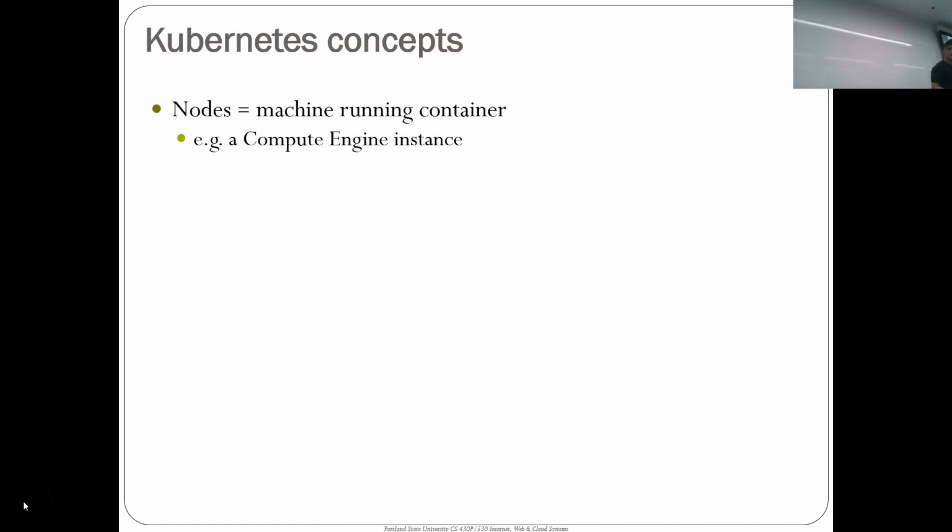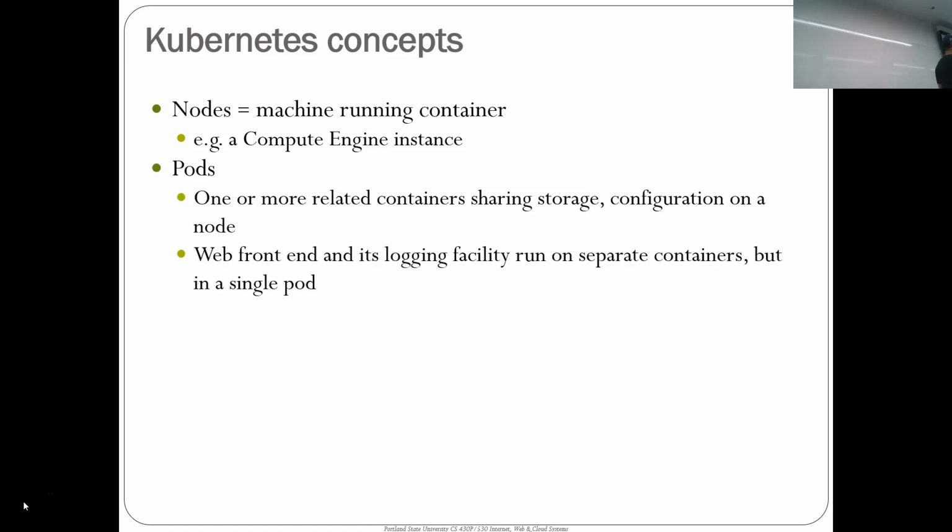Okay, so some concepts with Kubernetes. The first thing is a node, and a node is a virtual machine that is going to run your container. That's a simple, straightforward thing. It's a compute engine instance. And then you have pods. Pods are logical collections of containers, and individual pods will be mapped to a node.